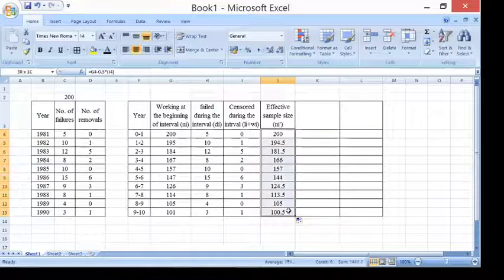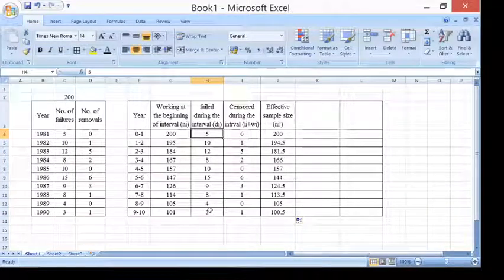Now once we get the effective sample size and we have deaths or failures during that interval, based on that we can calculate the probability of surviving through that specific interval. Suppose 20 individuals are entering a time interval, and out of those 20, 5 died in that interval.